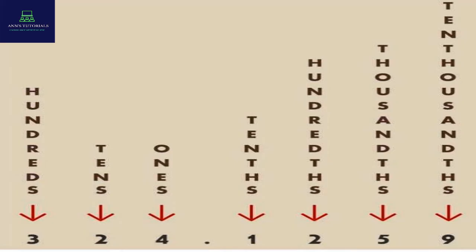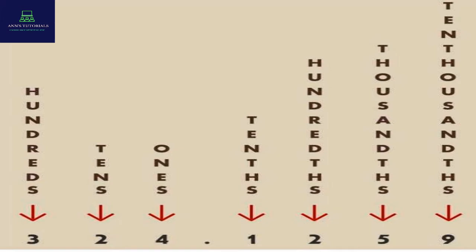Now, let's look at how we actually round off numbers. Suppose we have the number 324.1259. Here, each digit occupies a particular number place. Whenever we are rounding a number, we must know these number places.